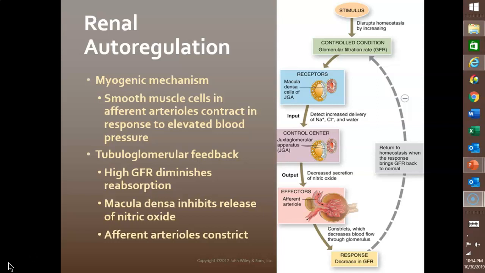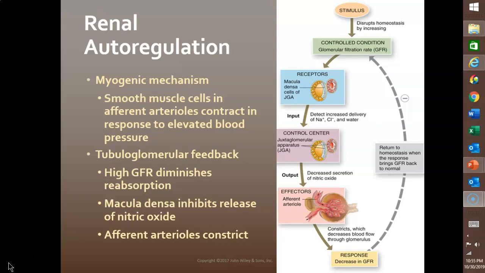So when GFR is higher than normal, the filtered fluid is going to move more rapidly through the renal tubules, and that results in the proximal convoluted tubule and the nephron loop not having as much time to resorb sodium and chloride and water. So the macula densa cells detect the increase in that sodium and chloride and water, and they inhibit the release of nitric oxide from cells in the JGA, the juxtaglomerular apparatus.